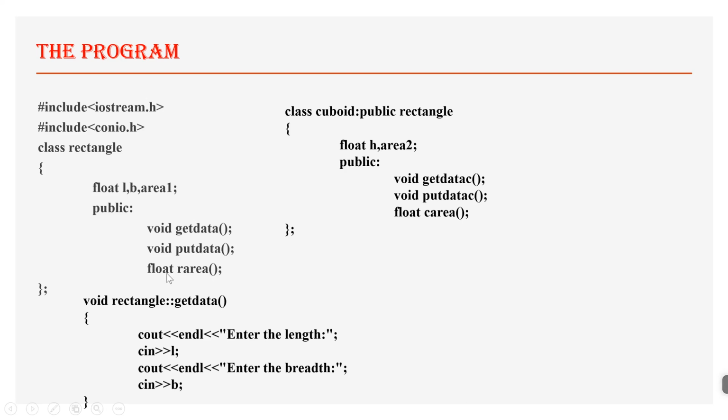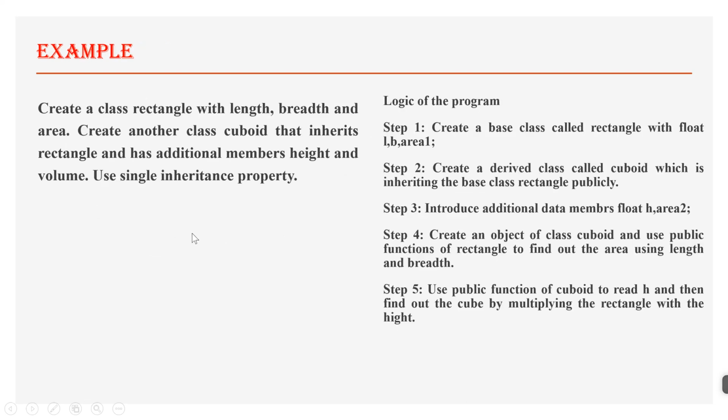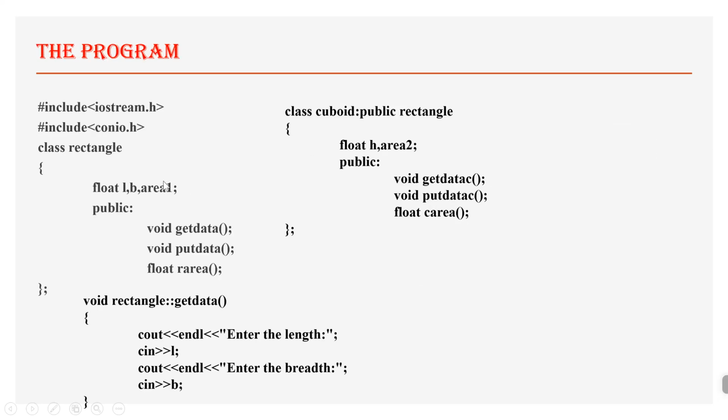So these are the functions which are associated. So step 1 is done. I've created a base class called rectangle with the data elements L, B and area 1 and associated functions. This is to read the value for L and B. This is to calculate the area 1 and this is to display the value. So 3 functions are declared and defined.